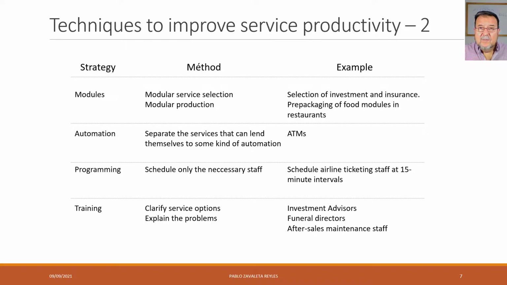Yes, we can train people so that they can work in different areas of the service, and we can change them from post to post, and this helps us to have a very flexible working force.